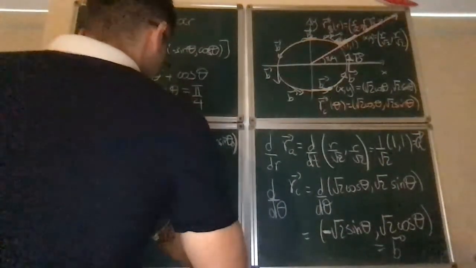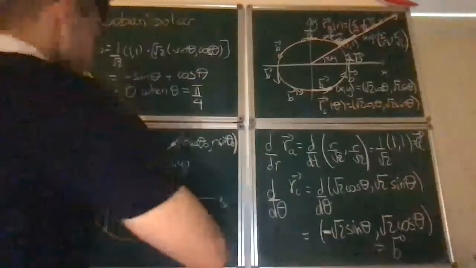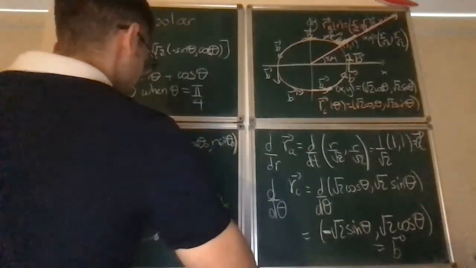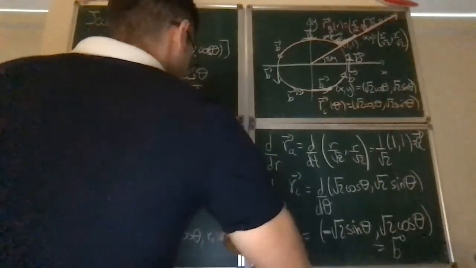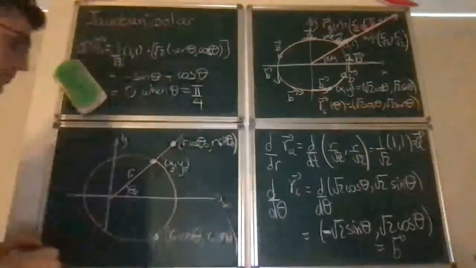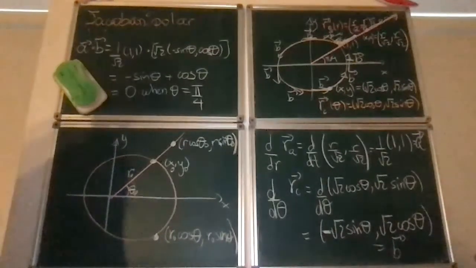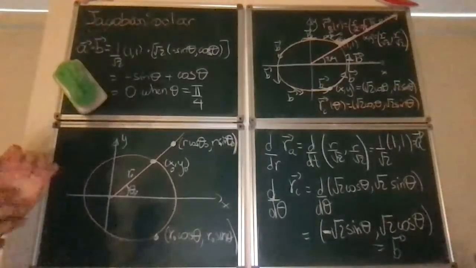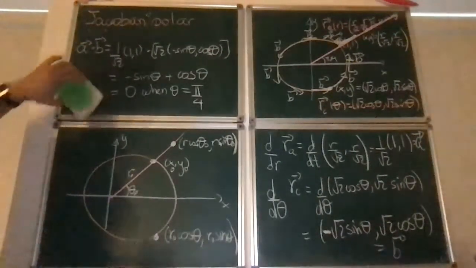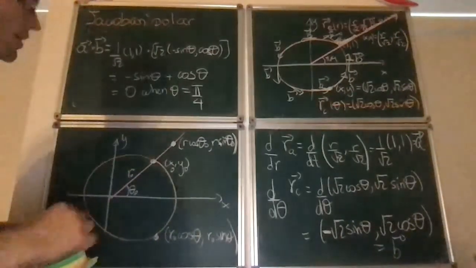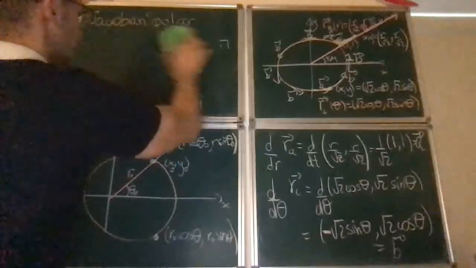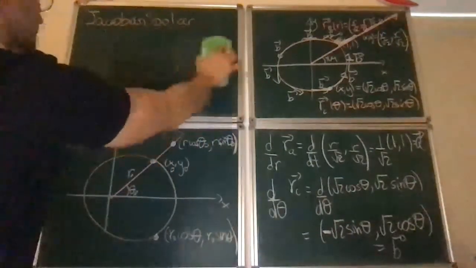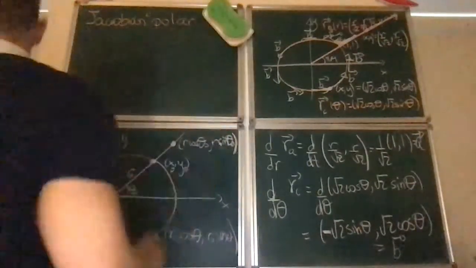So for this point, the radius is r naught, so it's r naught cosine of theta, r naught sine of theta. Okay, and I don't want to erase it here so that you see the comparison with this case.